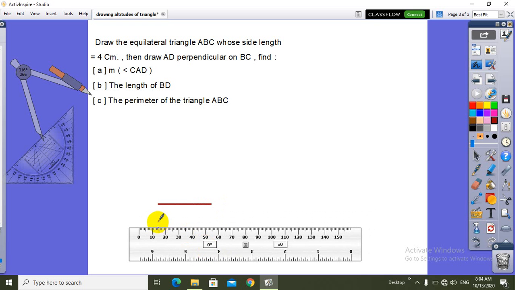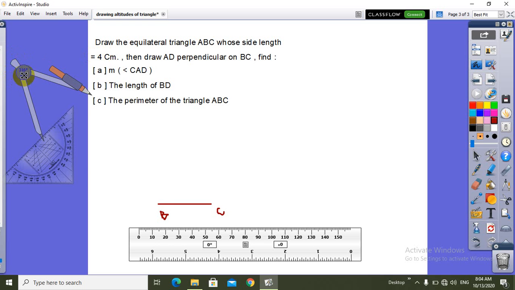And the name of this is ABC, let's say BC, or AB, anything, because they are all equal. BC. And I will open the compass to the distance what? 4. And the third side 4.